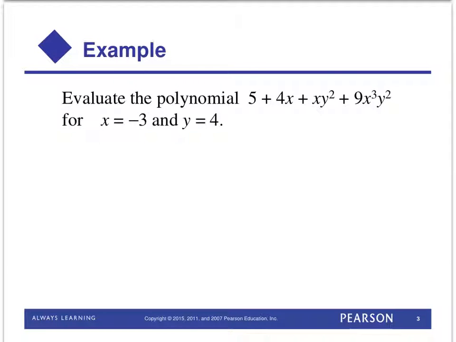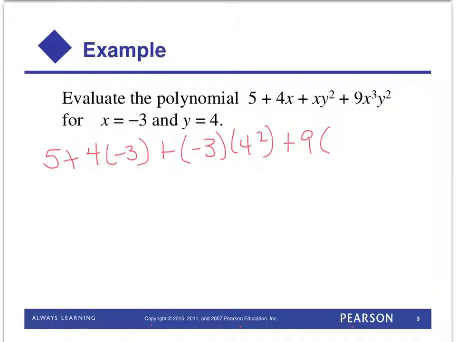for x and y. So we have 5 plus 4 times a negative 3 plus a negative 3 times a 4 squared plus 9 times a negative 3 cubed plus 4 squared.